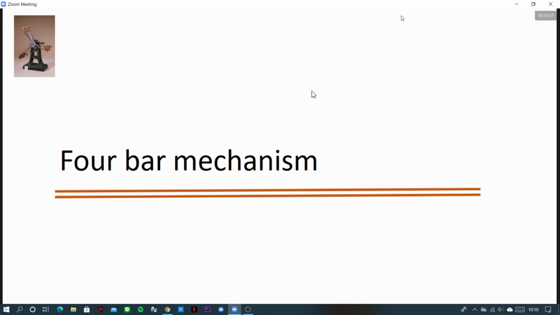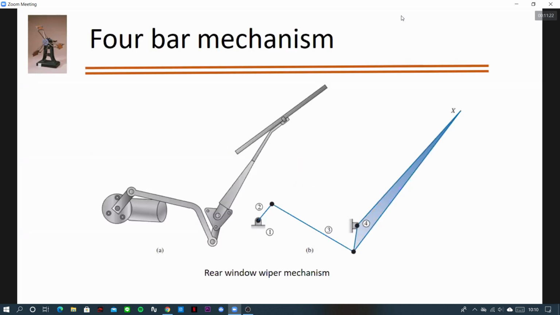Maybe in the first slide or first lecture that we had, I showed you a mechanism for an automotive window wiper, right? That window wiper is actually a 4-bar mechanism, if you remember. Yeah, so here is your window wiper.